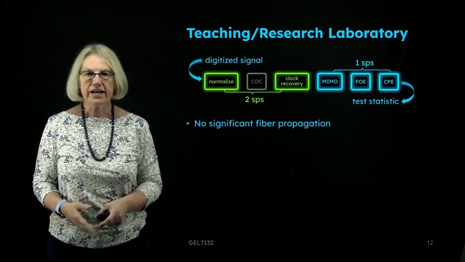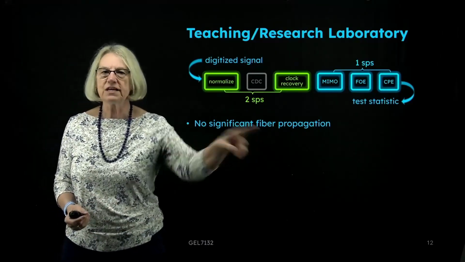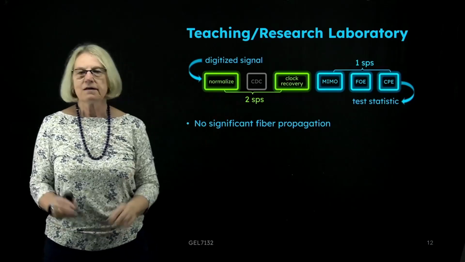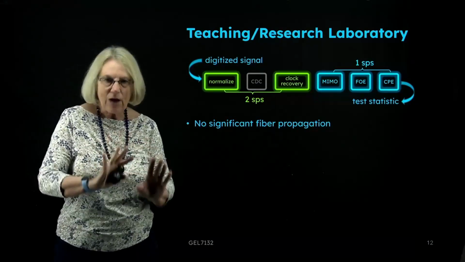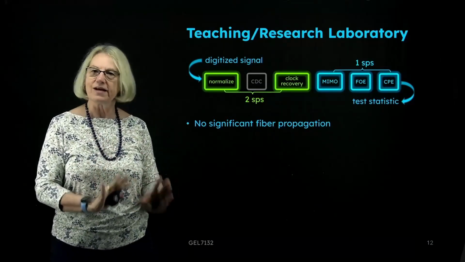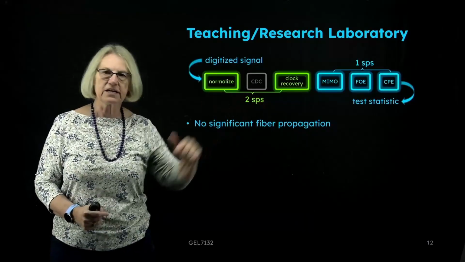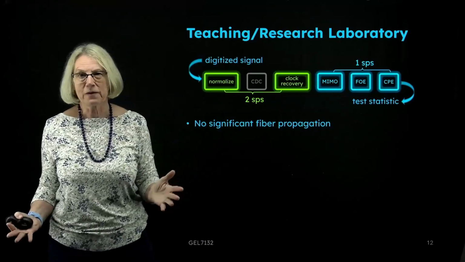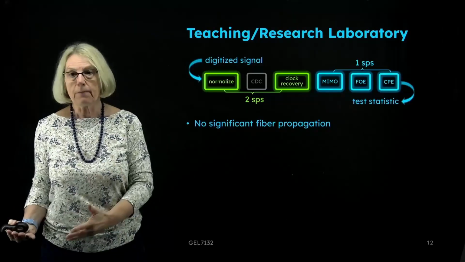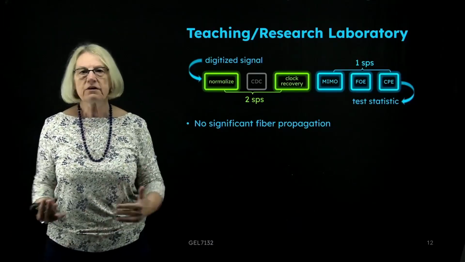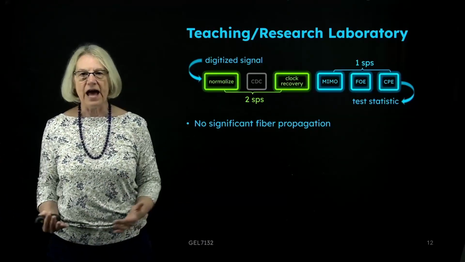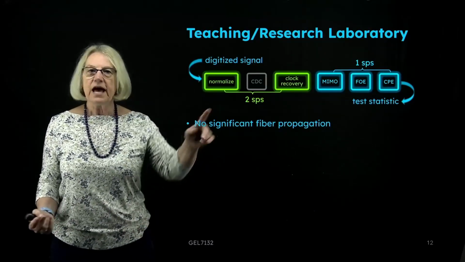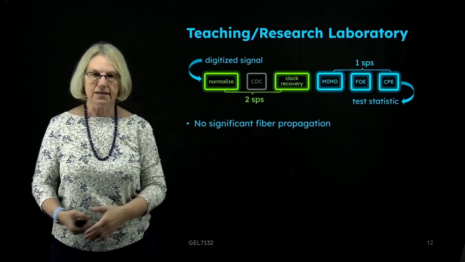Well, the first change is that we typically have no significant fiber propagation. So I might take out the CDC. Right now I'm taking it out just to concentrate on some other aspects that I'd like to concentrate on. Of course, we can leave it in there if we're actually running an experiment where fiber propagation is important. But assuming for now that we're looking at some other aspect of the communications system, we would not necessarily have to have CDC.